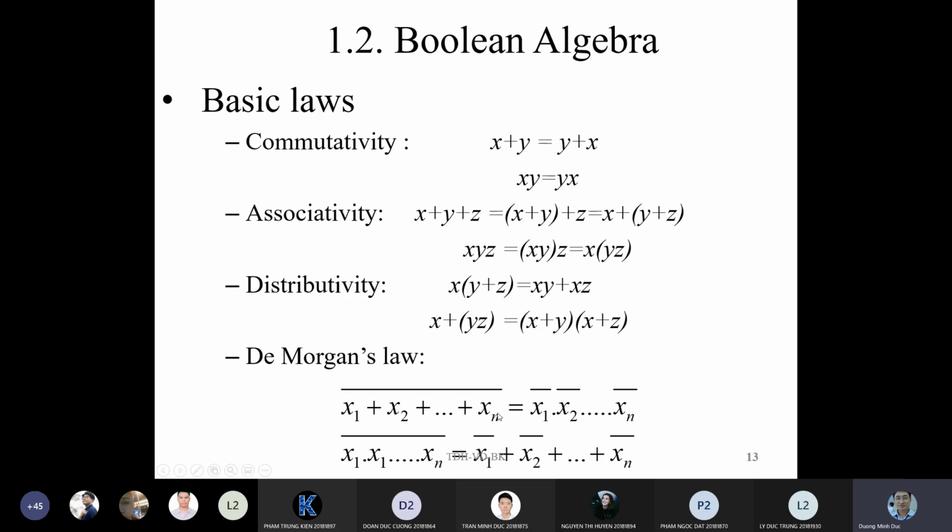The negation of a disjunction equals the conjunction of the negations. And the negation of a conjunction is equal to the disjunction of the negations.